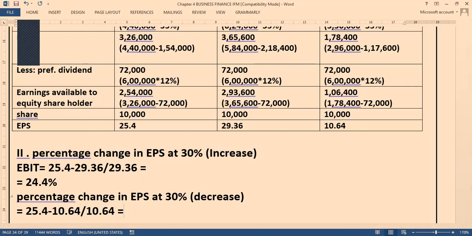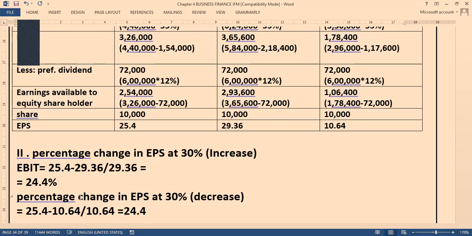Let me calculate this part. You'll be getting the same 24.4%. If you're getting the same 24.4%, that means you have done it correctly. This is just like verifying whether you have done it correctly or not.